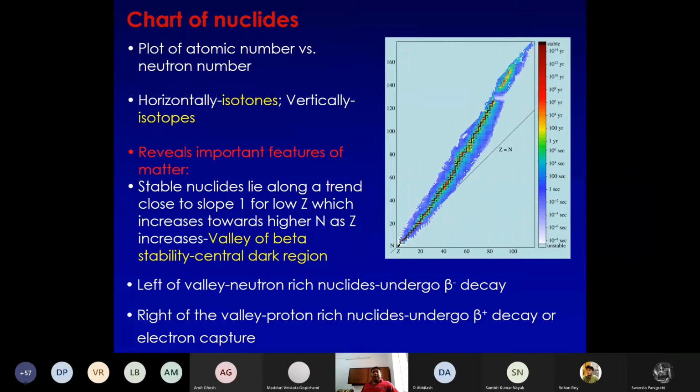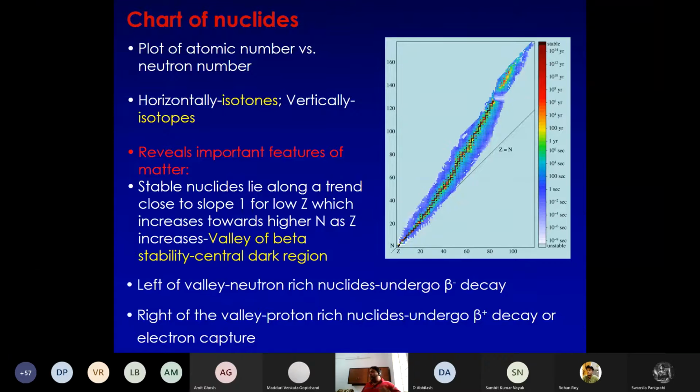So before we look at the origin of elements, I would like to introduce a few points about the distribution of matter that we have in the universe. And before that, I would like to introduce the chart of nuclides.